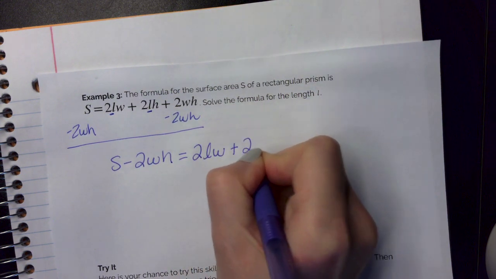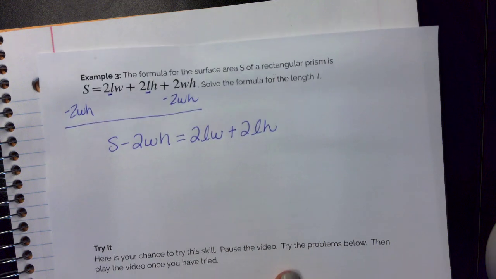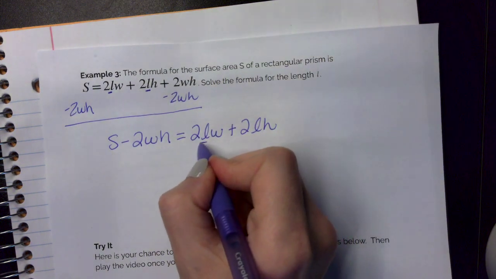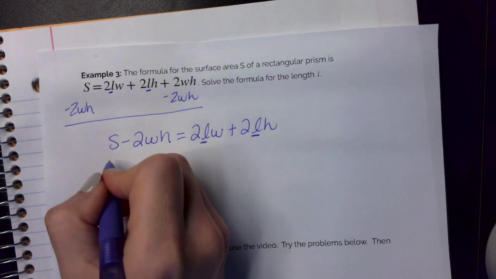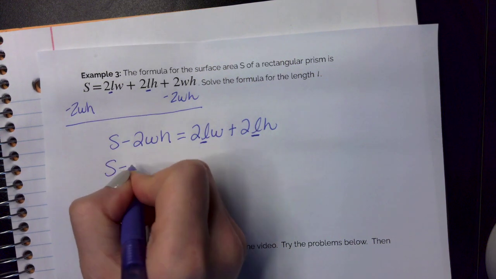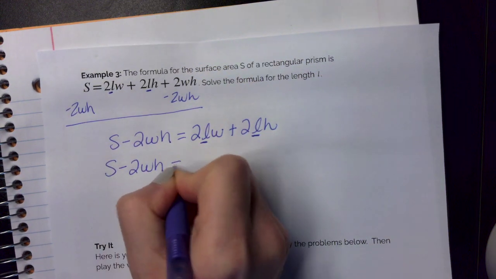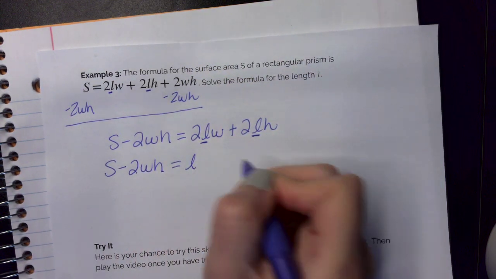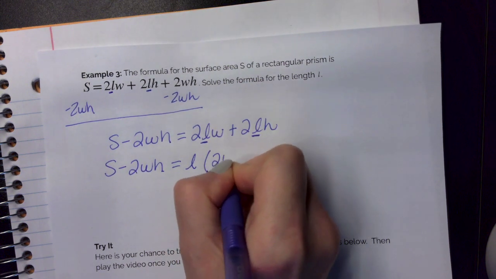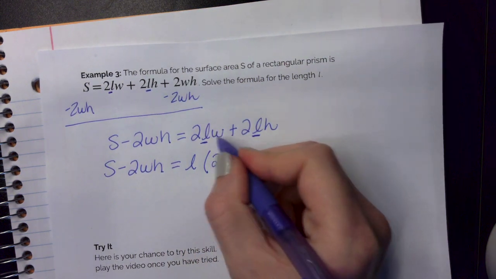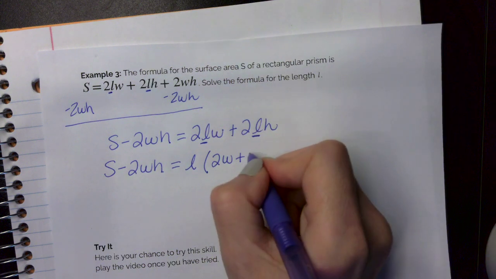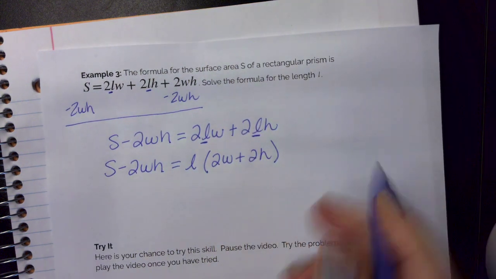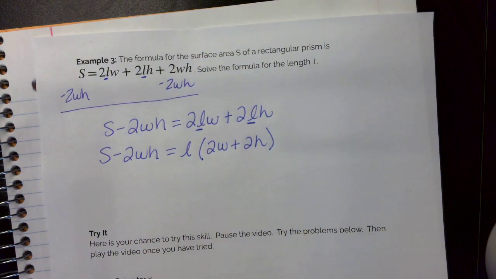from both sides to get S minus 2WH equals 2LW plus 2LH. And we're going to do this same thing where we're going to factor out an L. So the left side remains the same. And when we factor out, we divide both terms by L. We get 2W and 2H.